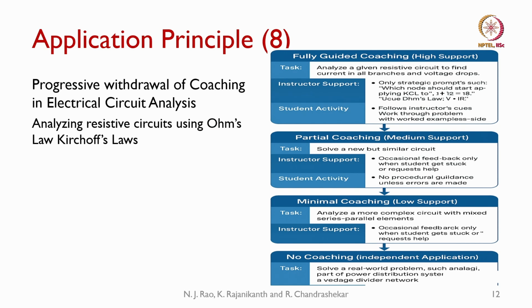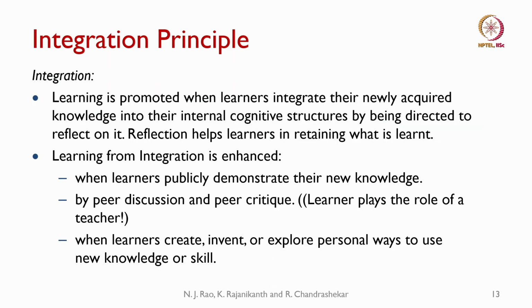Then finally, it is no coaching, that is, the instructor support is nil and learners work independently. Of course, here it's only 4 stages that are shown, but the actual number of stages would depend upon the instructor's design.